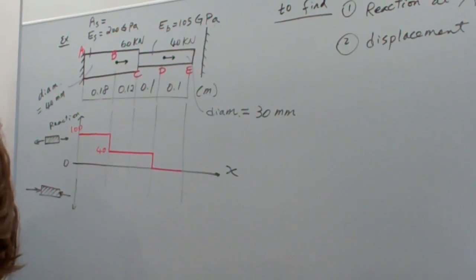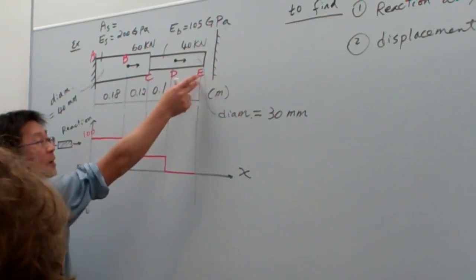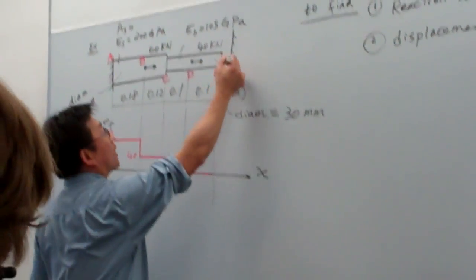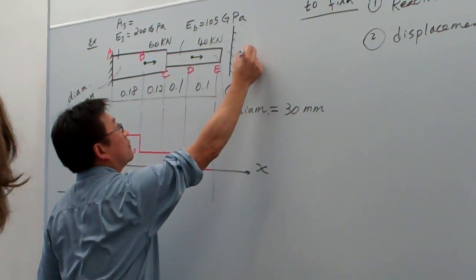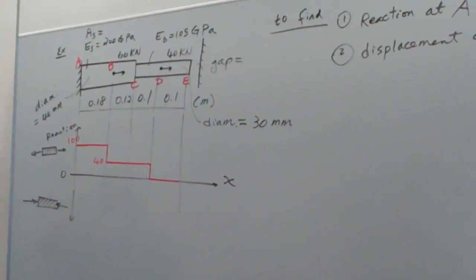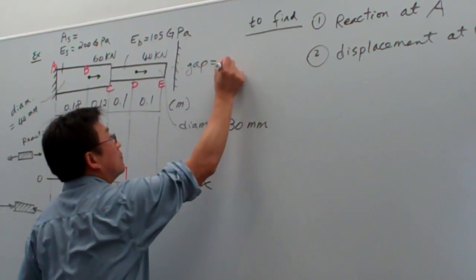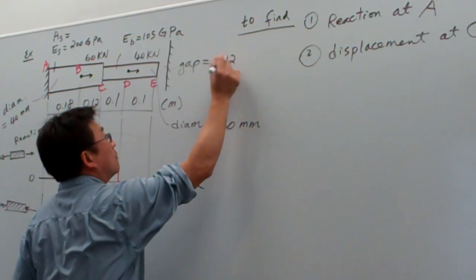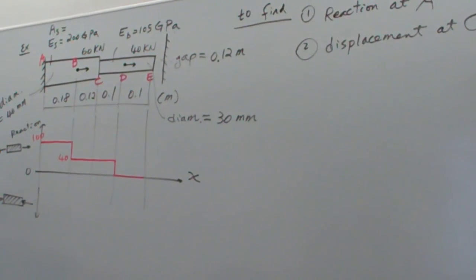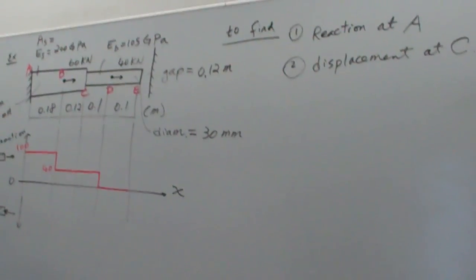So now we can first calculate what the deflection will be at the end E. If the deflection at E is larger than the gap, and oh, I forgot to give you the gap. The gap is equal to 0.12 millimeter.